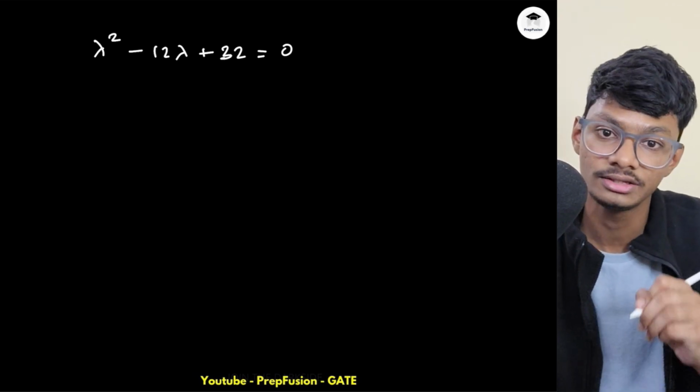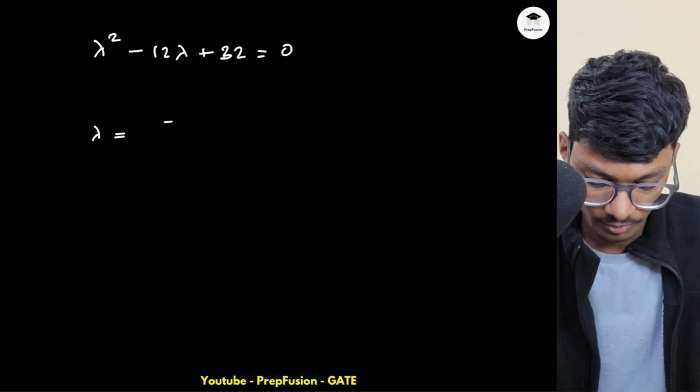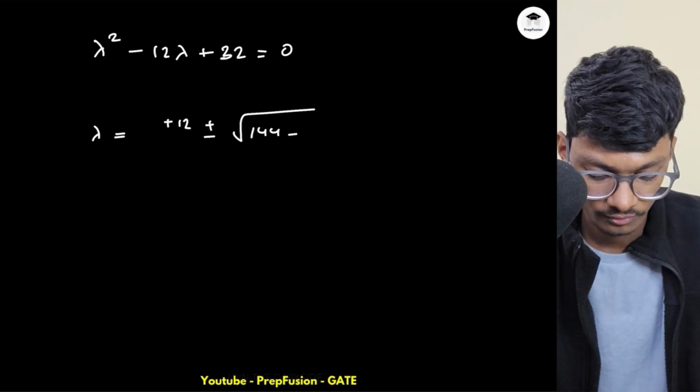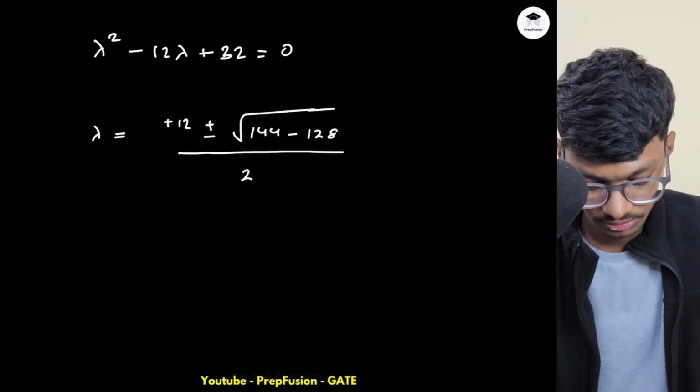From here you can directly use the quadratic formula. What is the quadratic formula? Lambda equals minus b, which is plus 12 in our case, plus minus square root of b square, 144, minus 4ac, which is 128, divided by 2a.